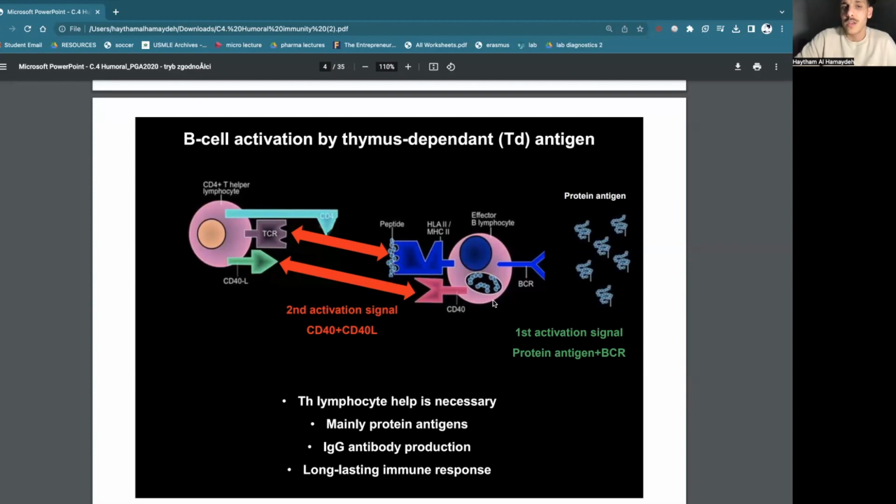When this happens, cascades inside the B cell get activated. Now the B cell is able to produce IgG antibody, which is the long-lasting immune response. Why it's long-lasting is because IgGs have a long half-life within the body, so they are not broken down easily.